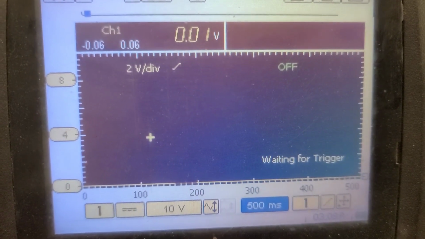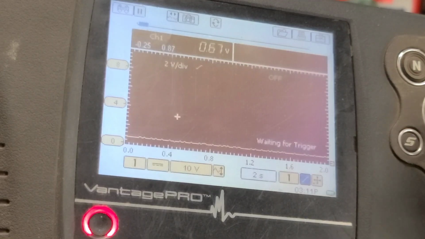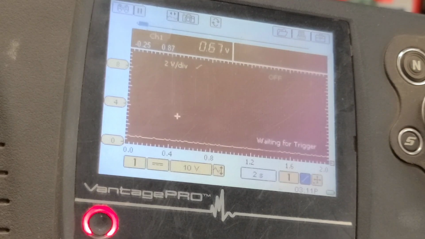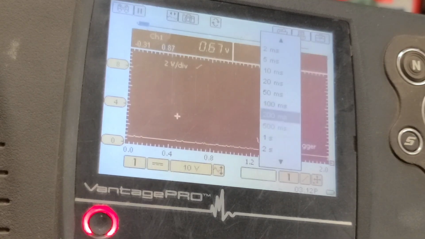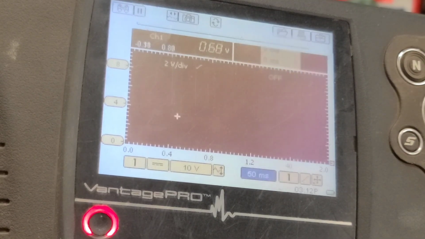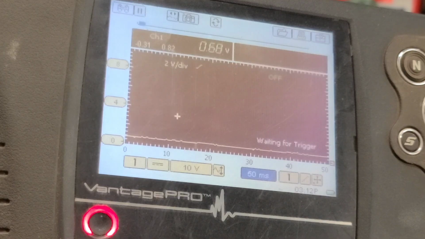transfer case speed. I noticed we got a bias voltage of about 0.67 volts on that signal, and I would have expected it to be 0 or 5 volts at rest. I wonder if we got any AC ripple riding on top of it from a bad diode in the alternator or something like that.